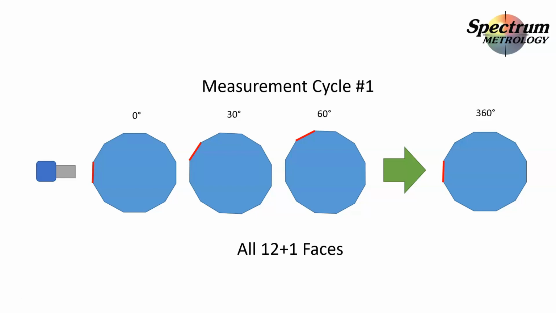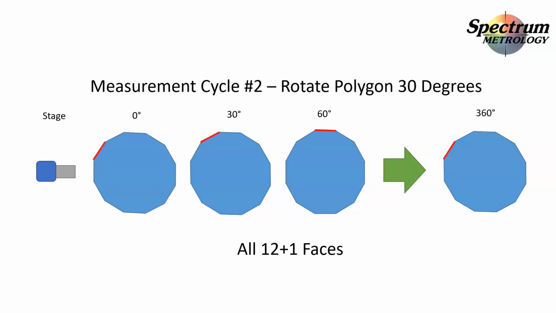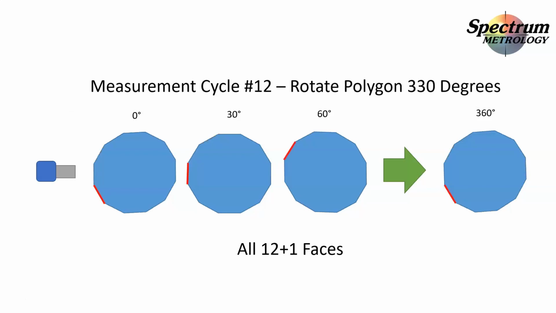So a 12-sided polygon will be measured 13 times. Then we can rotate the polygon by 30 degrees and do the whole measurement sequence again 13 times. For each of those faces, we can then build up a database which will help separate the errors from the table and the polygon. We can then go into error separation software.